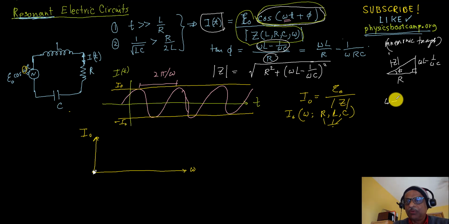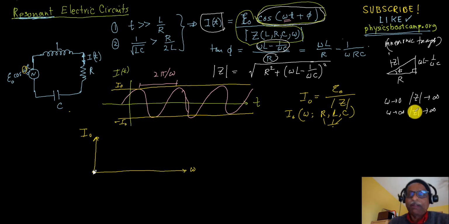So omega goes to 0, Z goes to infinity. Omega goes to infinity, Z also goes to infinity. So in these cases, I0 will be very small. So in between, somewhere it's going to actually have a single peak. So it actually goes like this.